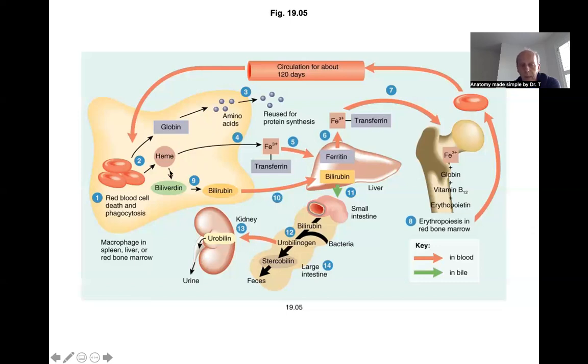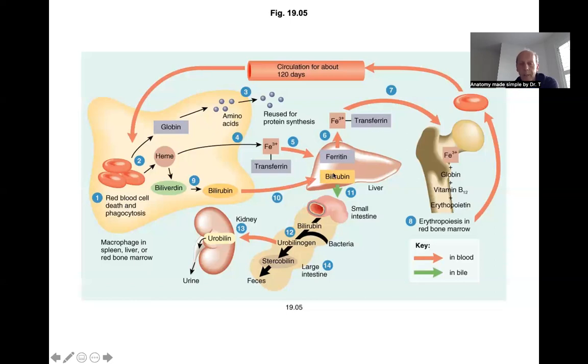The rest of the heme will be converted into biliverdin or bilirubin. Basically, they're byproducts of hemoglobin breakdown, and they would also easily be carried through the bloodstream to reach the liver.